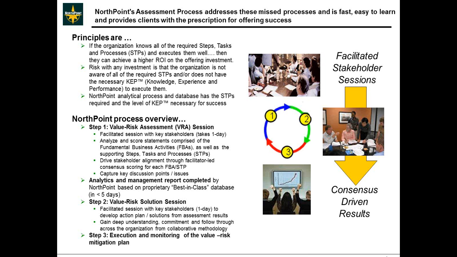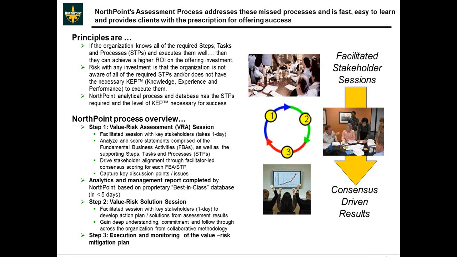The fundamental business activities and the supporting steps, tasks, and processes are weighted in terms of their impact on sales performance. Facilitating the stakeholders through the required activities identifies the gaps that impact performance.